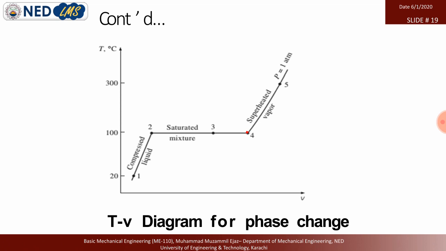After heating past this point, the phase is completely changed. So again temperature will rise like this, and specific volume also rises. In this position we are calling this a saturated vapor, but after that point we call it a superheated vapor.